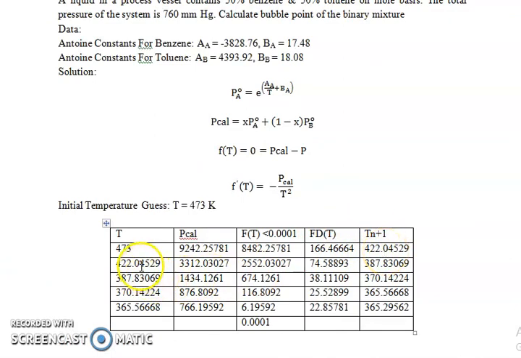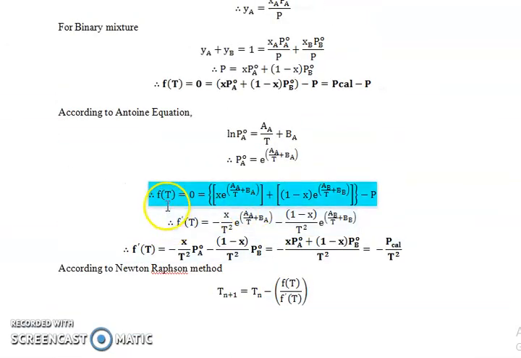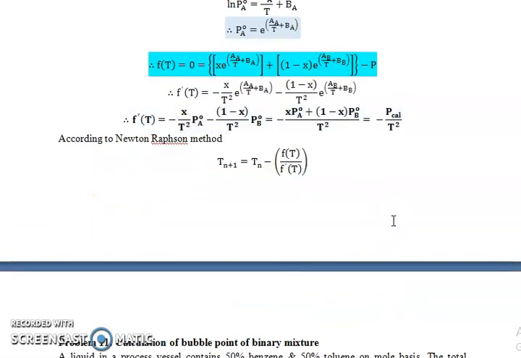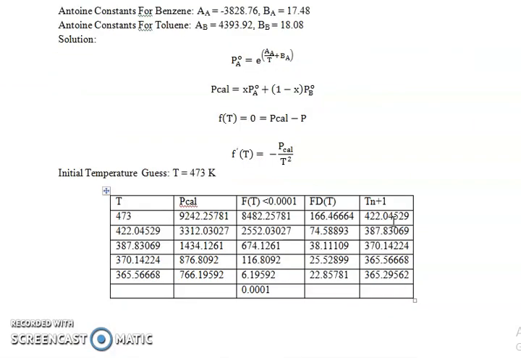Again we have to put the 472 value into the P calculation. The P calculation can again be done using the Antoine equation. So using this Antoine equation we calculate the P calculated value, then f(T) and f'(T) will be calculated.